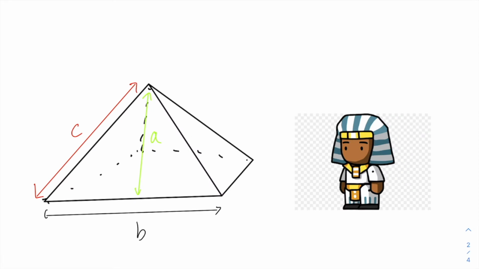The origin of trigonometry came from a question of how to construct a pyramid from the Egyptians. They wanted to know how long the side of a pyramid was, knowing the length of the bases and height.